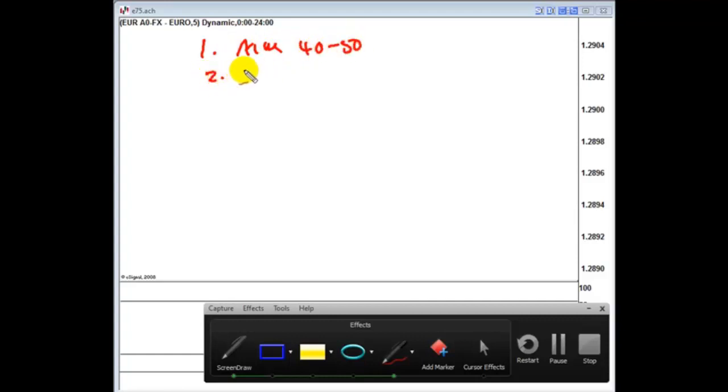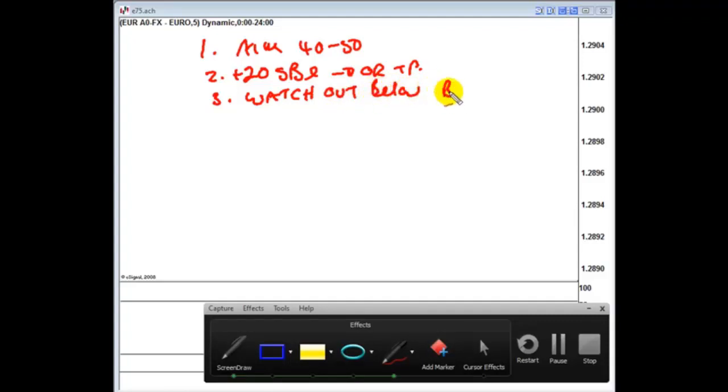At plus 20 pips, we want to go SBE, stops to break even, or take profit. We want to watch out below. What do I mean by watch out below? I'm talking about longer term trend lines below the shorter term one that we're looking at, or Bollinger Bands, and you can even extend that to fibs and horizontal lines, but that will come with experience.